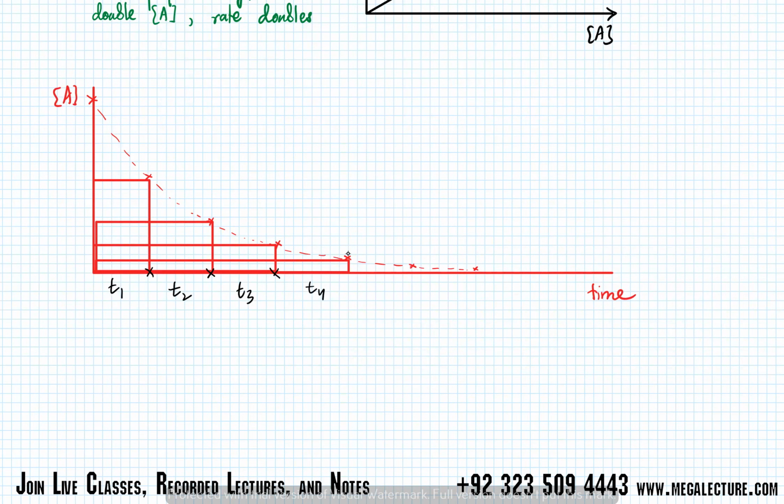So if you understand the concept of half-life, in a first order reaction, what you have is constant half-lives.